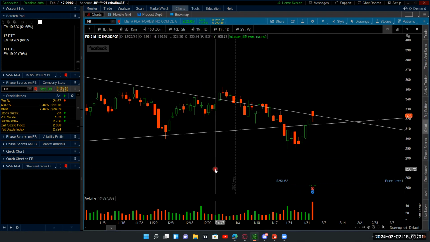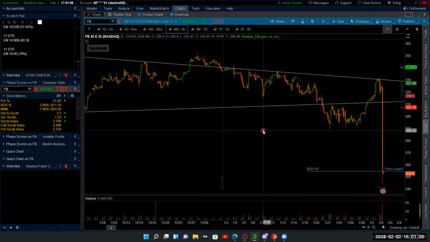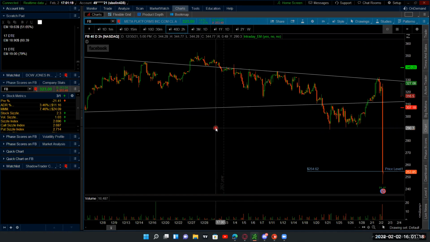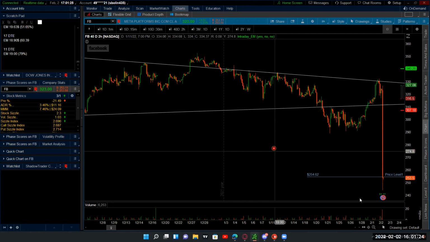I will be selling options on this. No, we're going to wait a couple days. Because of that volatility crush, you totally could. The reason I want to wait is these are going to be costly.